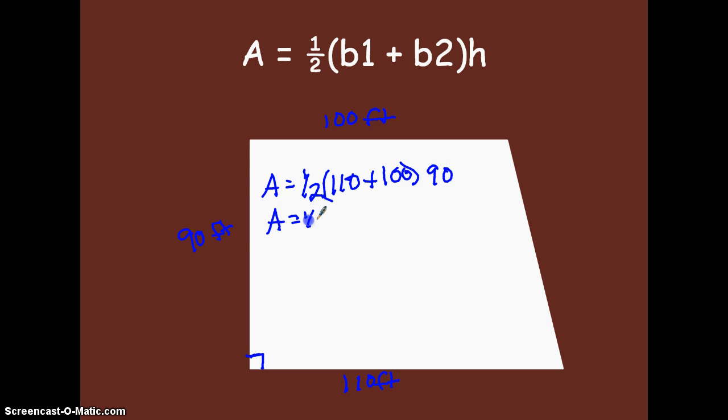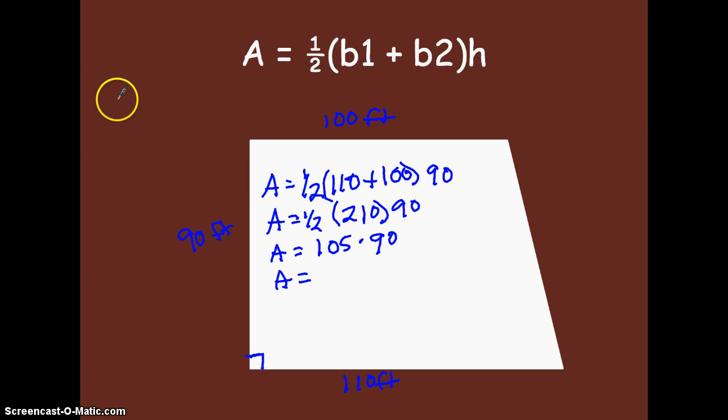So area equals 1/2, and 110 plus 100 would be 210, times 90. Alright, 1/2 times 210 is going to be 105 times 90.